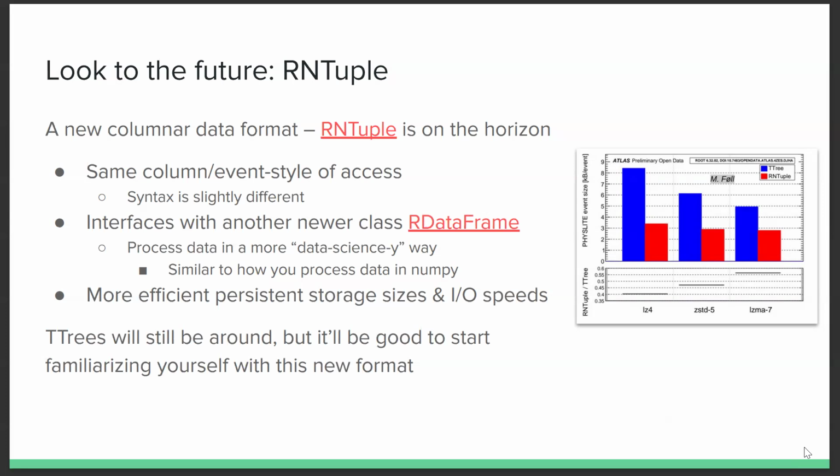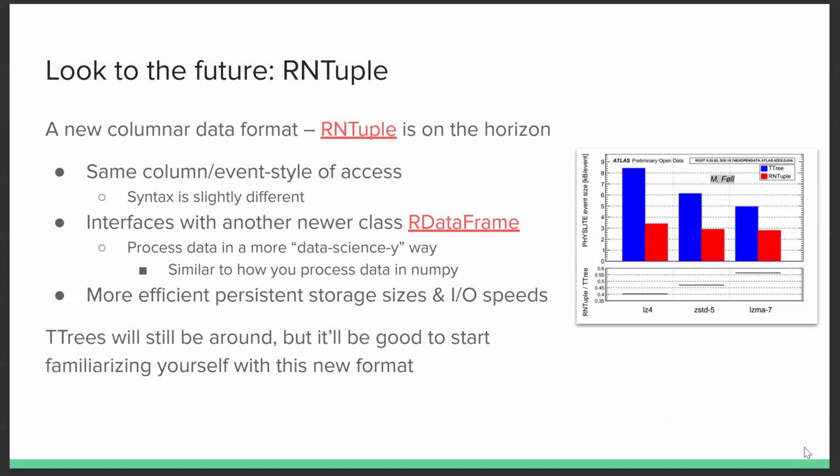And it actually interfaces with another newer class called RDataFrame, which allows you to process data in a more data science-y way. So it's kind of similar to how you process some things in NumPy with broadcasting. I think it allows you to do broadcast operations and things if you're familiar with that.